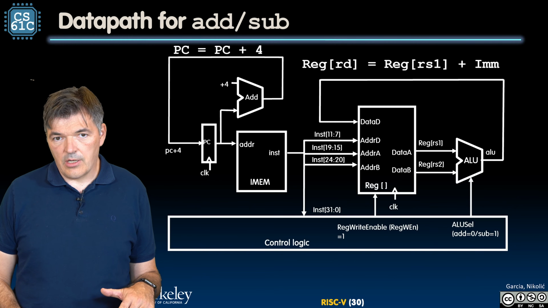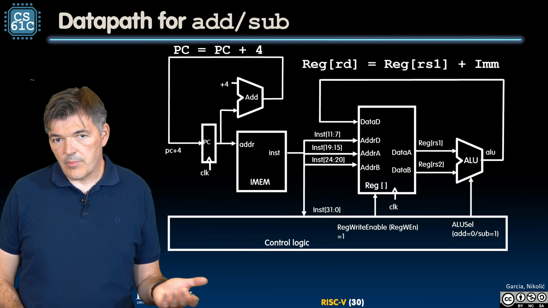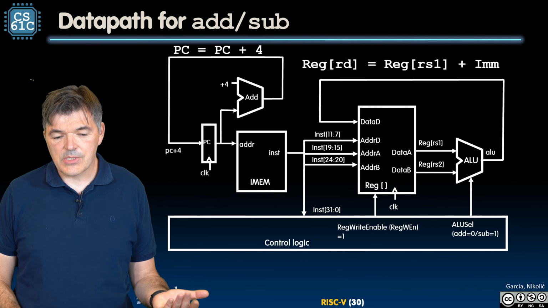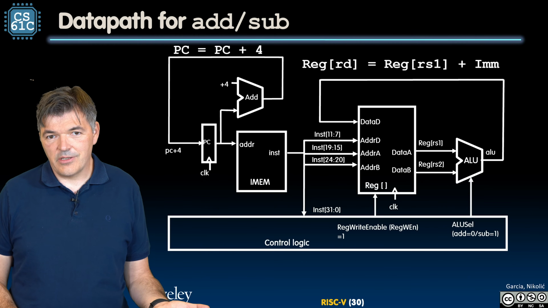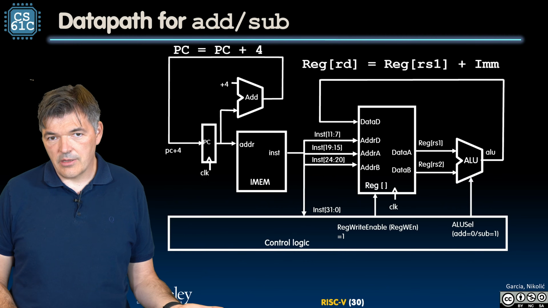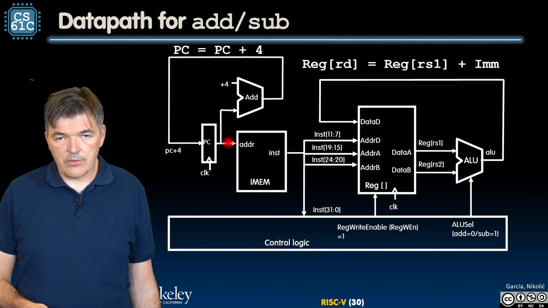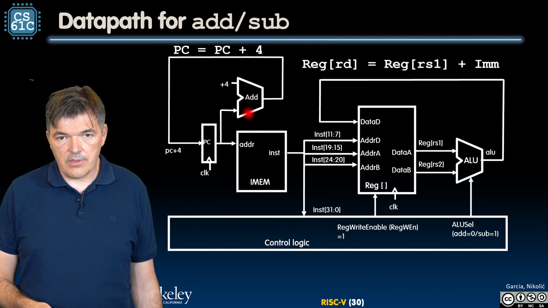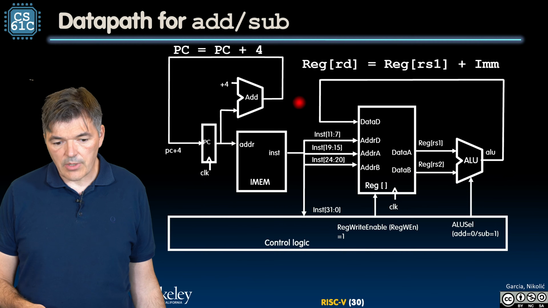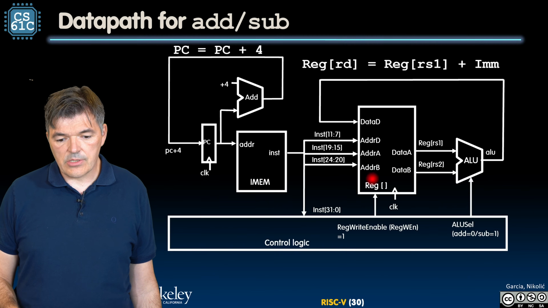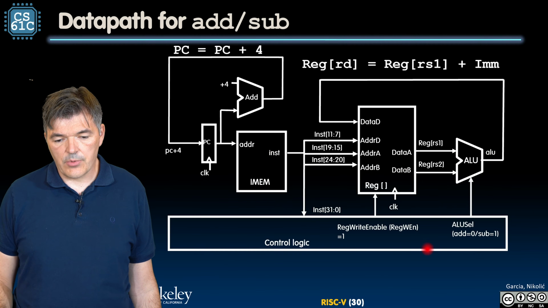Let's start with our add-sub data path, or actually a general data path that supports R types, and see how we can modify it to add support for the immediates. Remember, we had our program counter, our fixed adder that would increment the program counter by 4 on every clock tick, instruction memory, register file, the ALU and the appropriate control.